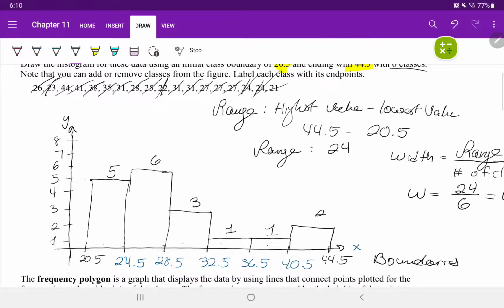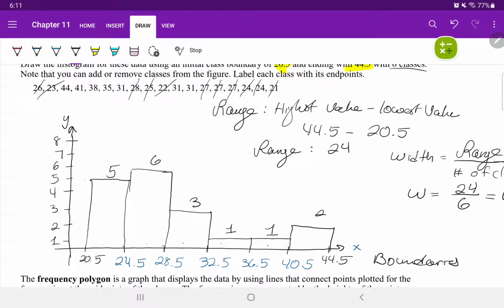And then we double check. Between 20.5 and 24.5, that's going to be 1, 2, 3, 4, 5. That's correct. Between 24.5 and 28.5, 1, 2, 3, 4, 5, and 6.